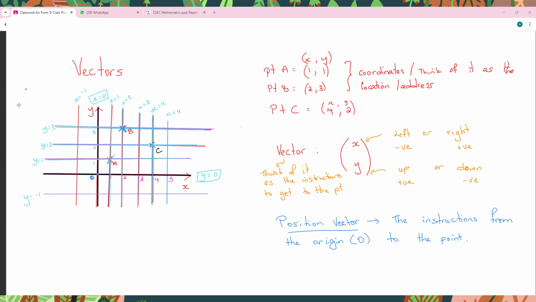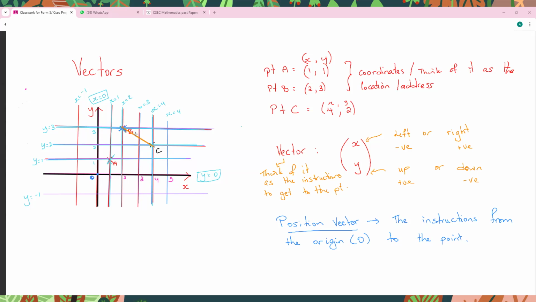All right, so with that being said, let's see some different paths we could take. So let's say you want to get from B to C, right?